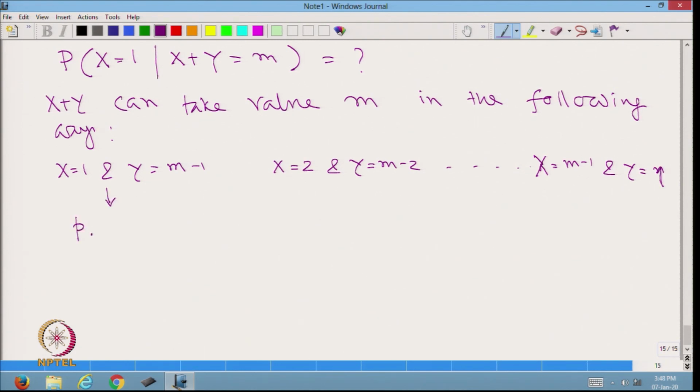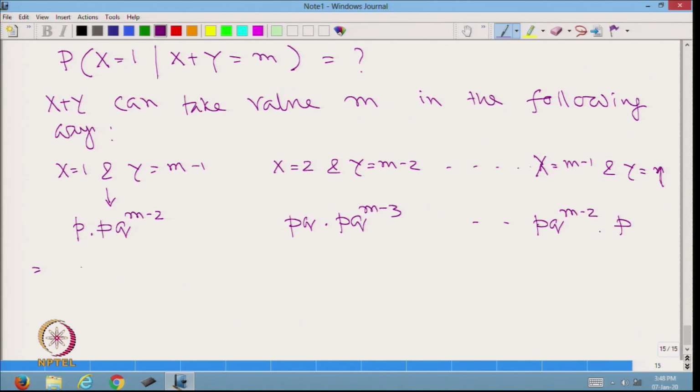It is p q to the power m minus 2 for the first, p q multiplied by p q to the power m minus 3 for the second, which is p q to the power m minus 2 multiplied by p.